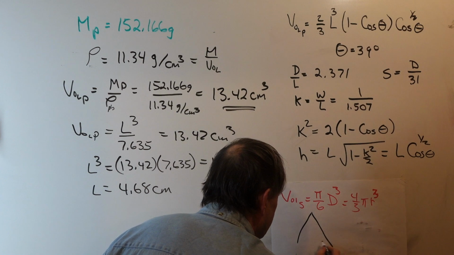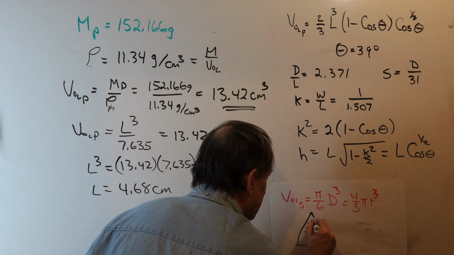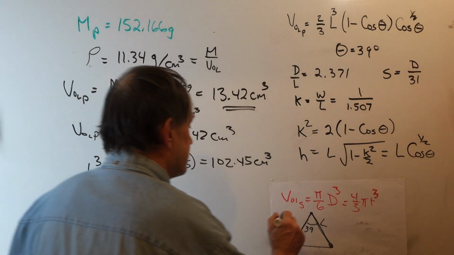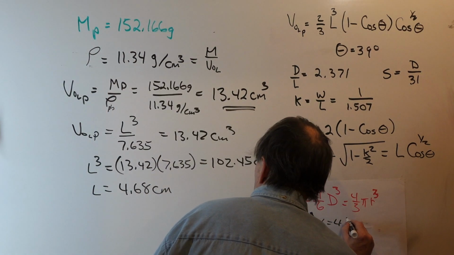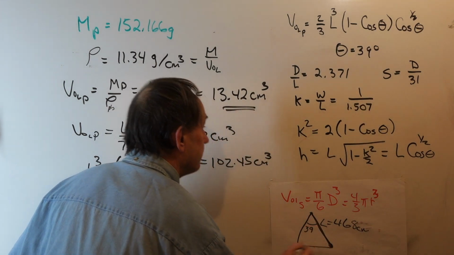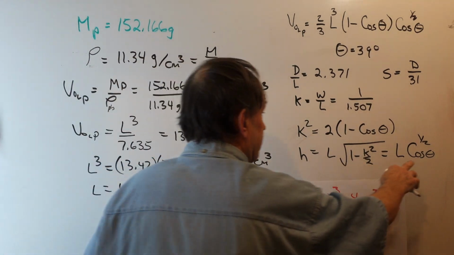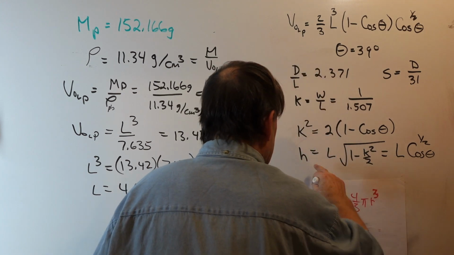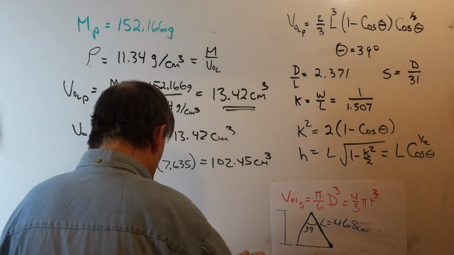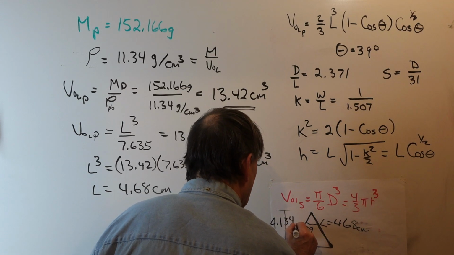If we look at the pyramid face, we have an angle of 39 degrees. This length is L. So we know this is 4.68 centimeters. That's that slope length. Now, knowing the cosine of theta and knowing L, we can get our height. The height of the pyramid works out to 4.134 centimeters.